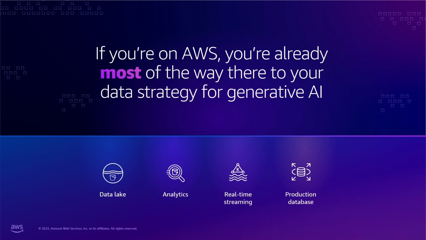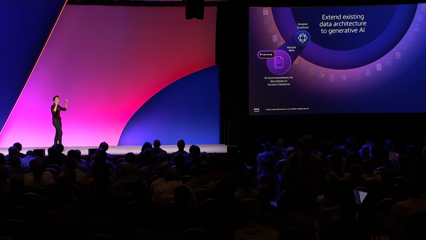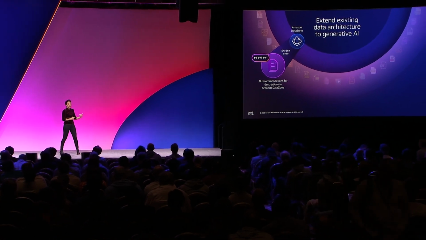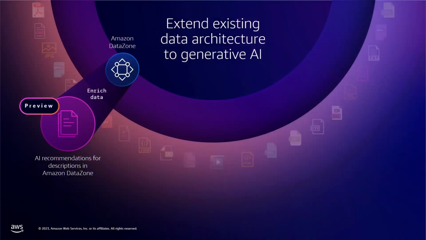Along with managed services like Amazon Bedrock, which is purpose-built for generative AI, we continue to add new capabilities into all of our services so that your existing data architectures bridge easily into generative AI applications. Sometimes that means taking generative AI capabilities and putting them into our AWS data services, so that helps you manage your existing data architectures better.